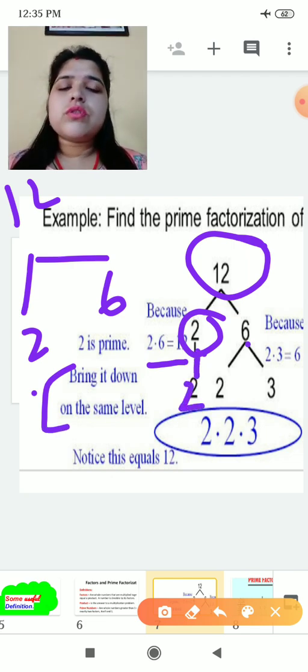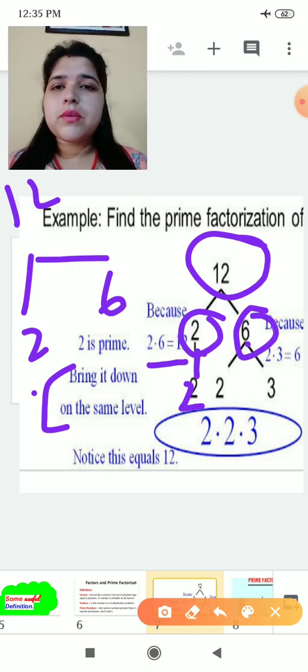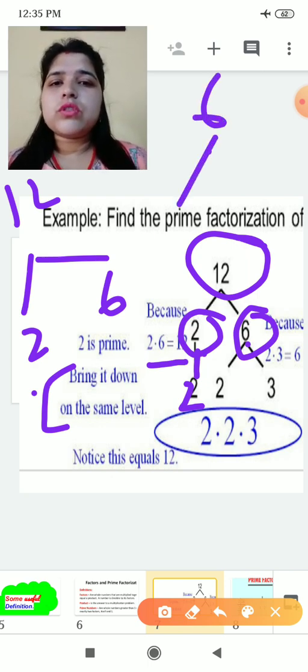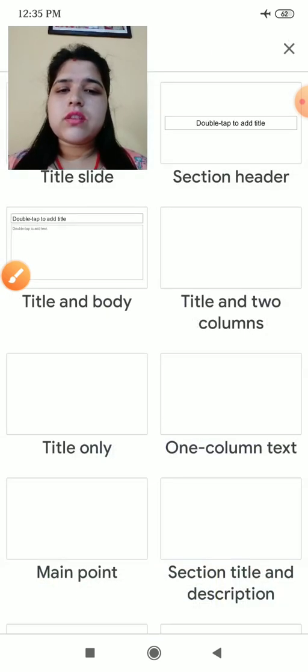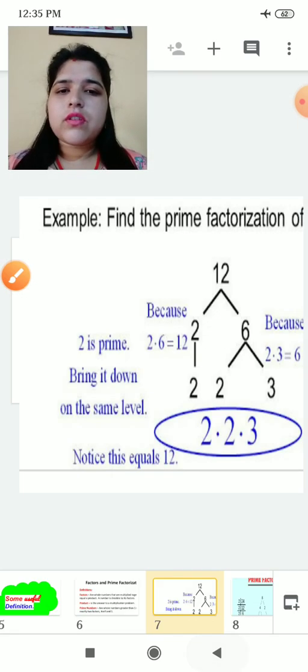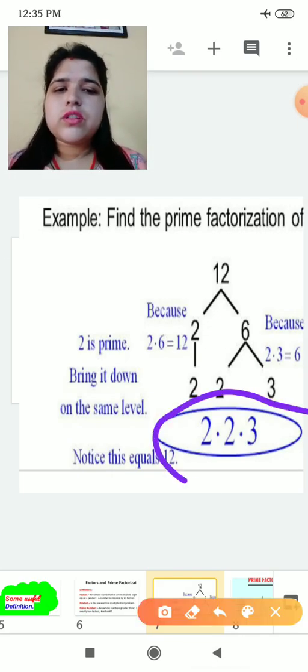Now 6 comes in the table of 2 and 3, so you have to break 6. So 2 times 3 is 6, with 2 here and 3 here.